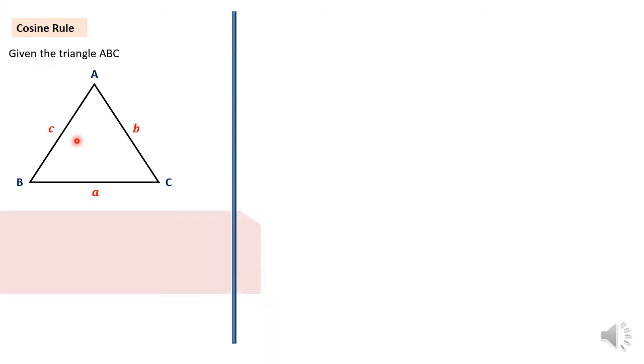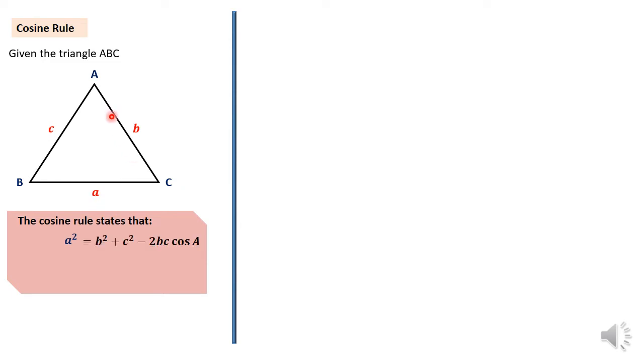Now, cosine rule states as follows: that a squared, that is this side here, if you squared it, it should be equal to the sum of the squares of the two others, that is c squared plus b squared, minus twice their product, that is 2bc cosine of capital A, and that's what we have there.